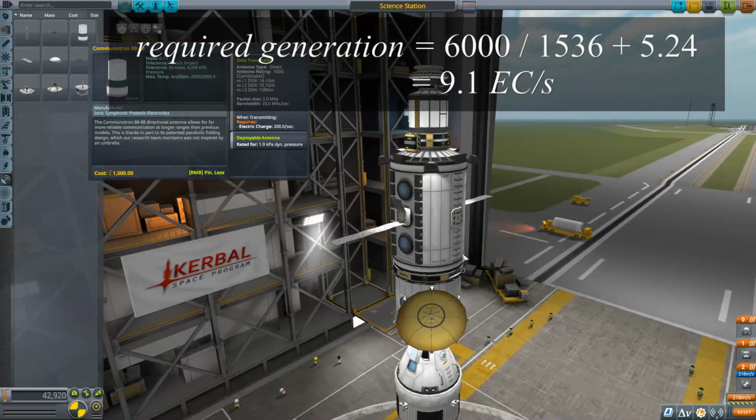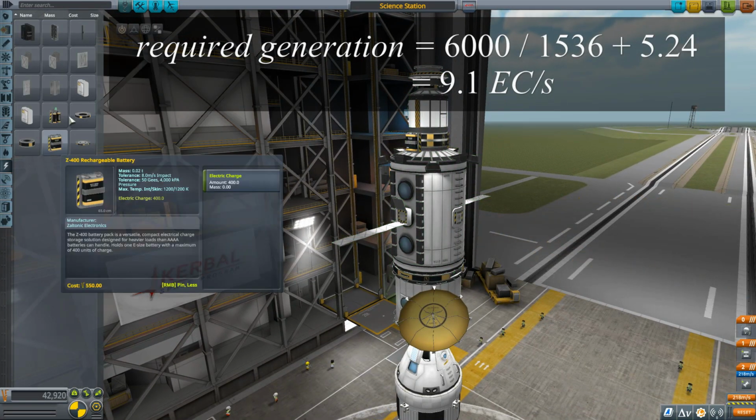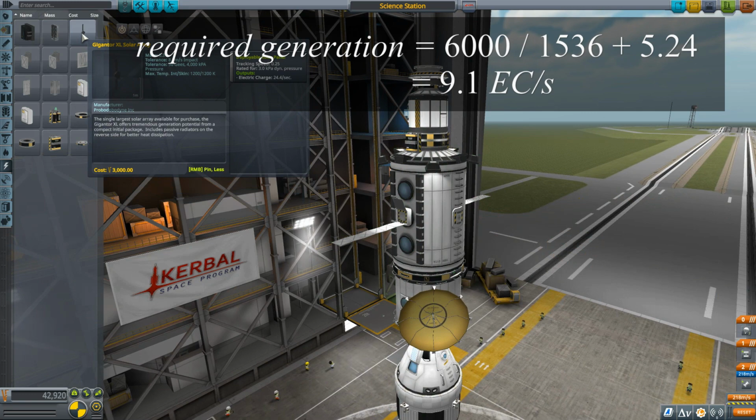So you might be saying to yourself, oh, well, that's not a problem. 9.1, if we get down to here and take a look, for instance, at our Gigantors, well, there are 24.4 units of electric charge just right there. But hold on, that's around Kerbol, and now the inverse square law is going to be working against us.